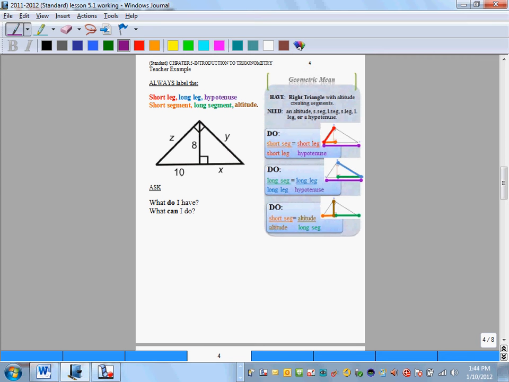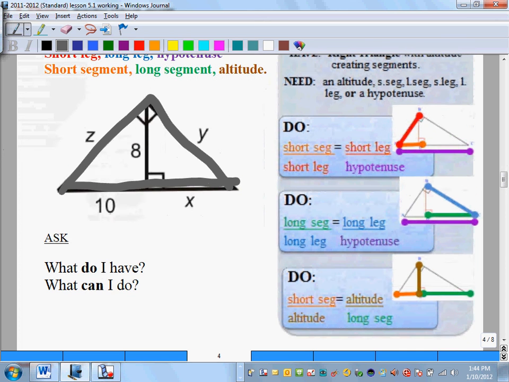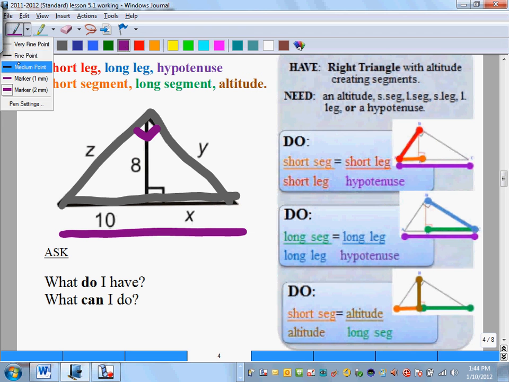We have, first off, a right triangle. So I'd like you to trace this right triangle. We're going to label 3 things. This is across from the right angle. That's called the hypo.